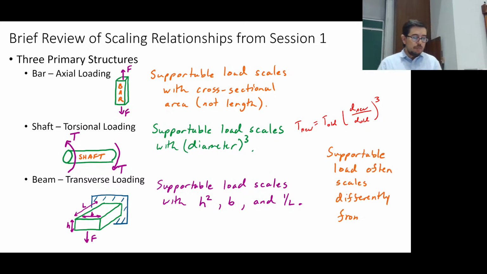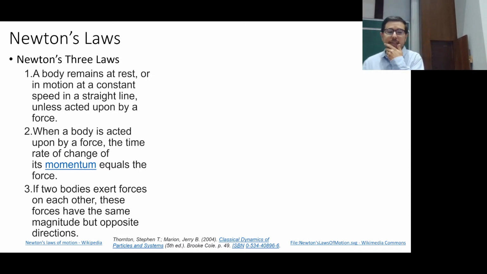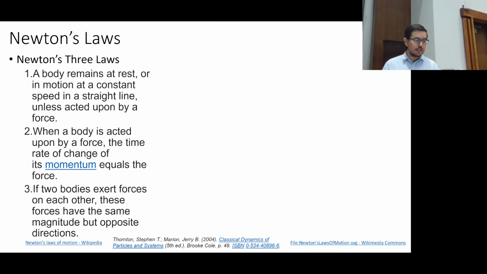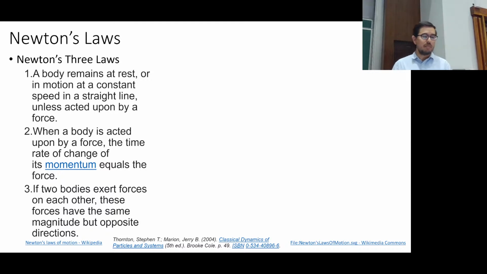So to do this, we go back and we reflect on Newton's laws. All right, so the first law is a body remains at rest or in motion at a constant speed in a straight line unless acted upon by a force.